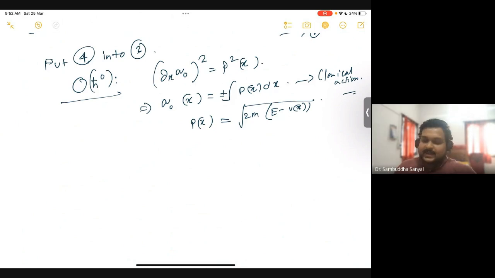Now, when is this valid? Now you should think about the validity criteria.